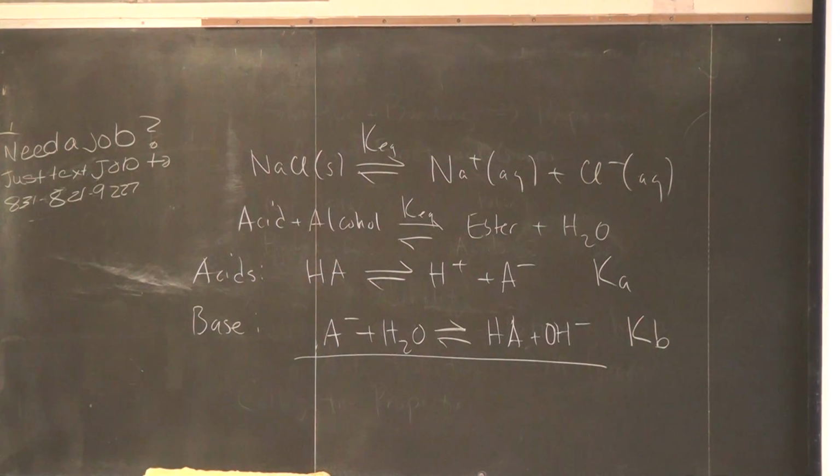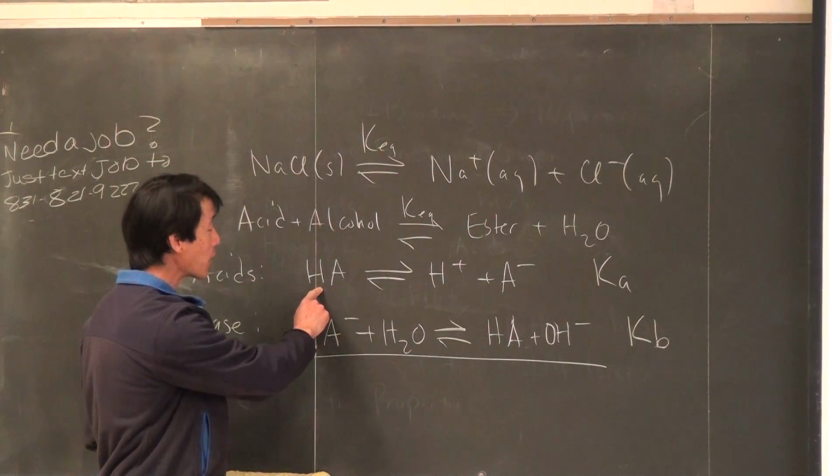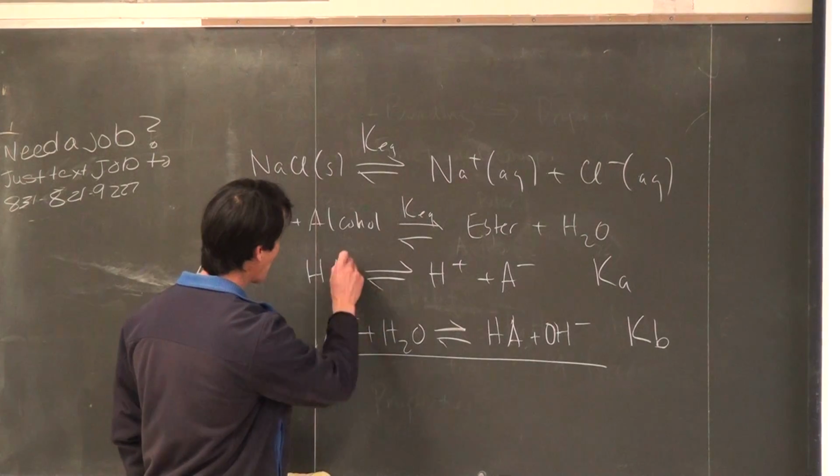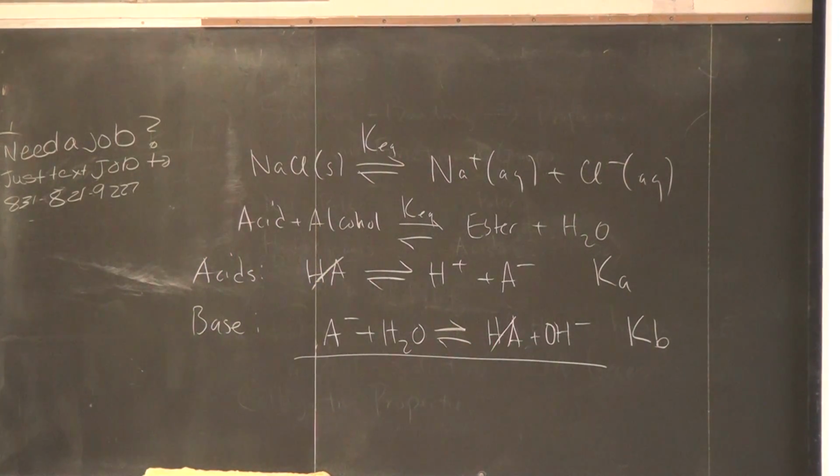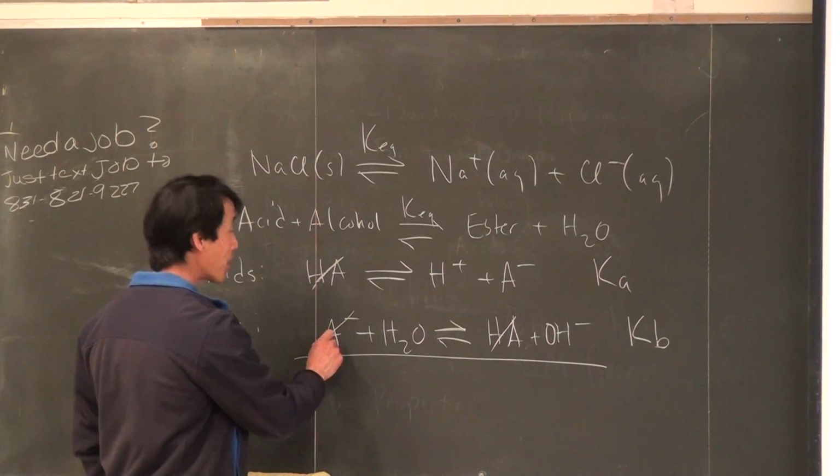If we add these two reactions together, what do we get? Okay, so add those two together. Note that we have HA on the reactants here, and HA is a product, so these cancel out. A- cancels out as well.